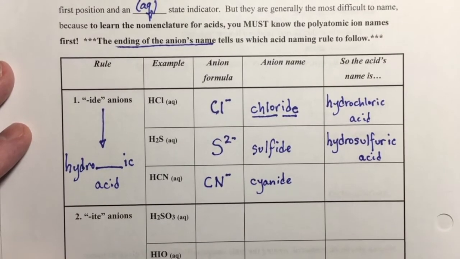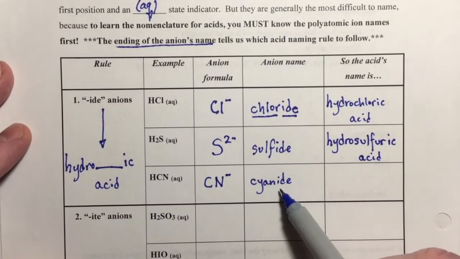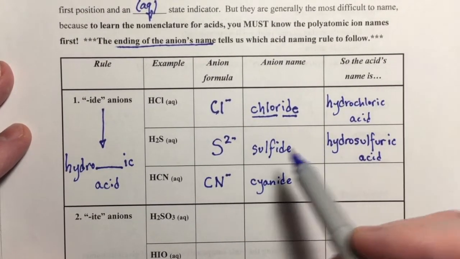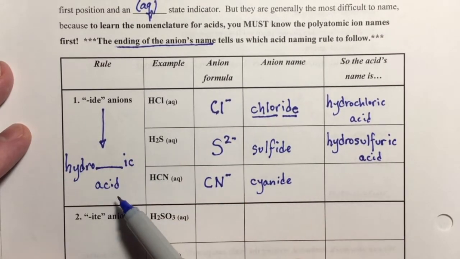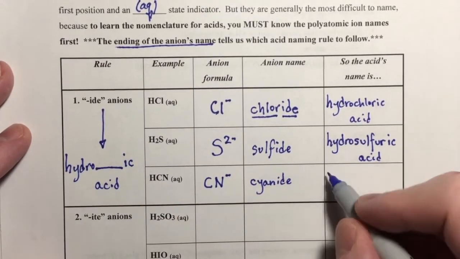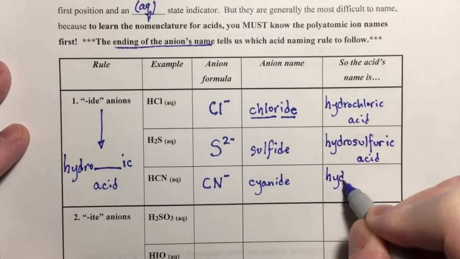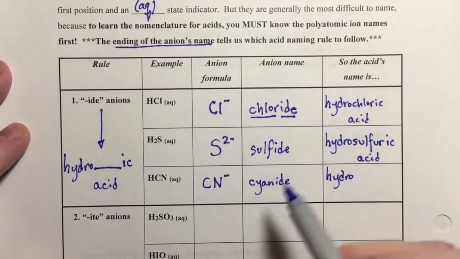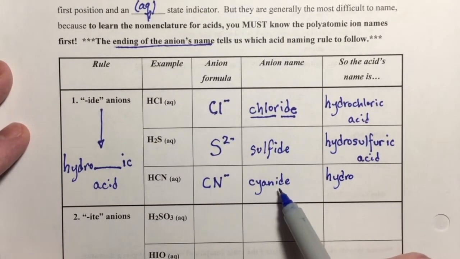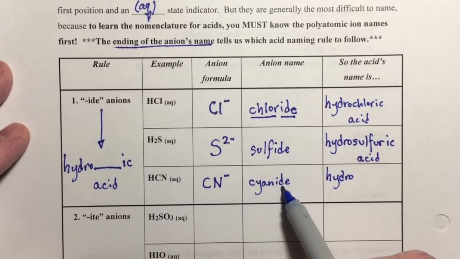It is one of our polyatomic ions. The ending is IDE on the anion, so we know that we're going to use Rule 1 to name the acid. Hydro prefix and the root word from the anion, which typically is whatever is left after we remove the last 3 letters.